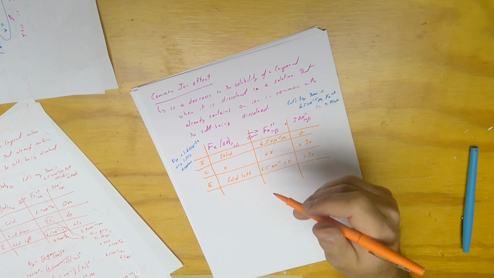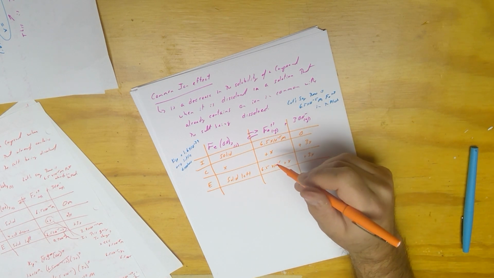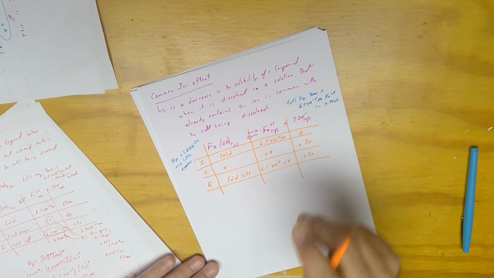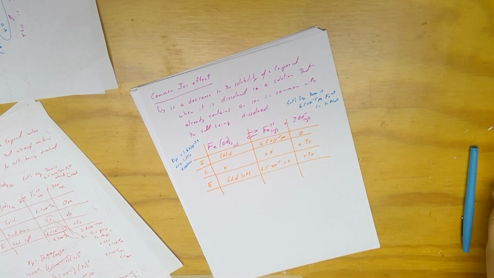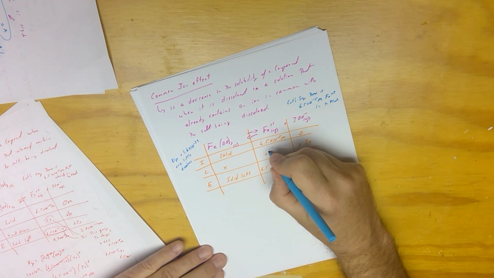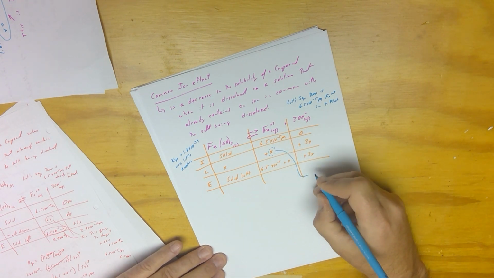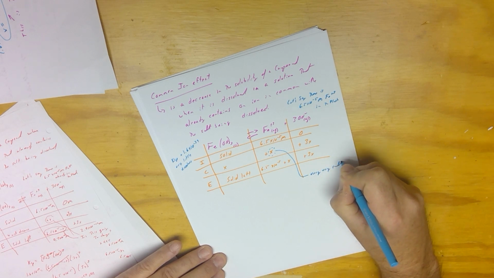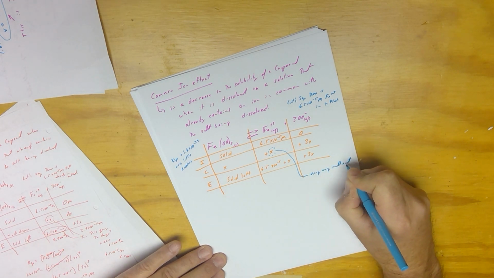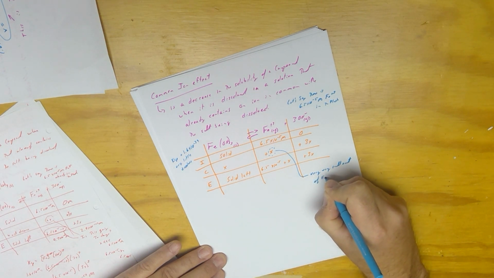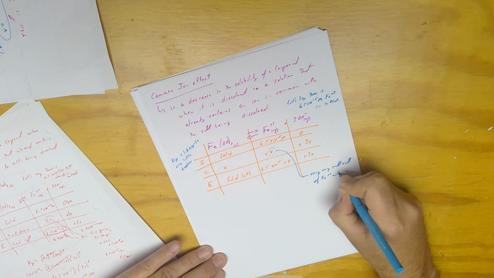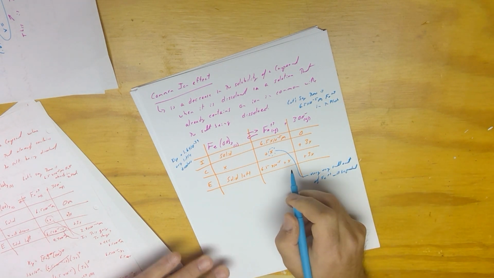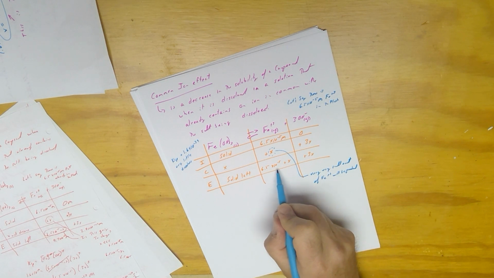Now, X is going to be extremely small. Very, very tiny amount of X is going to be produced. So small that it's insignificant.